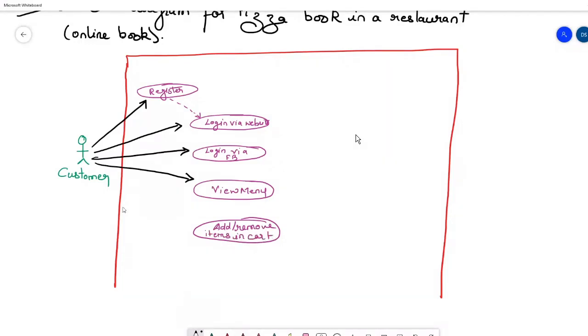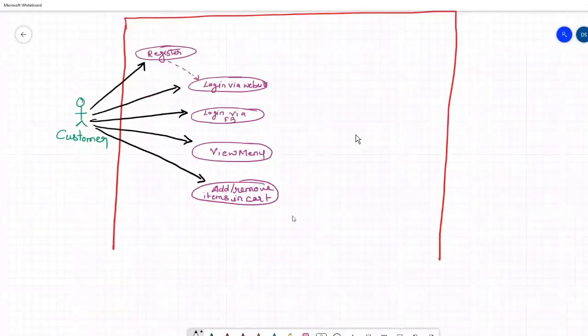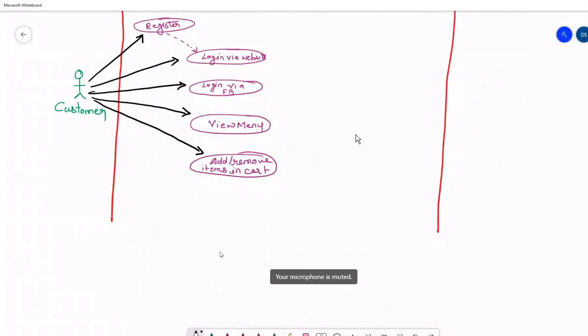Next, when I have selected the items I want to book, as right now I'm talking about the pizza, I have selected the appropriate product and decided, okay, I'll go for this.